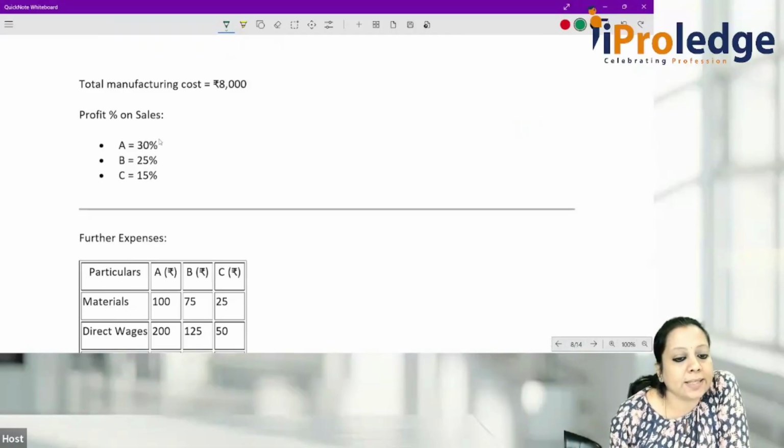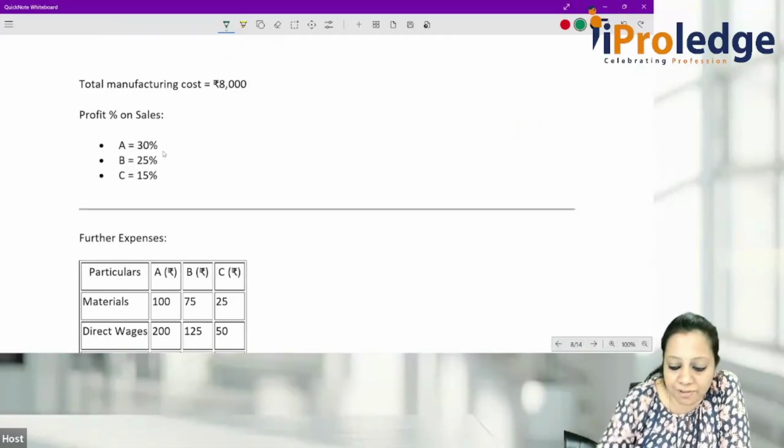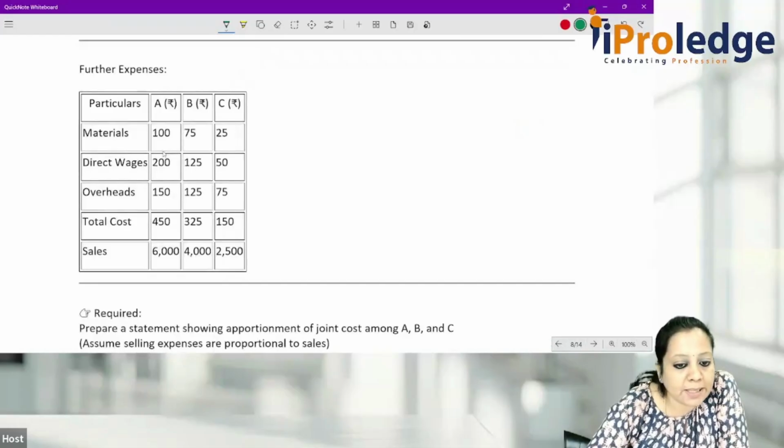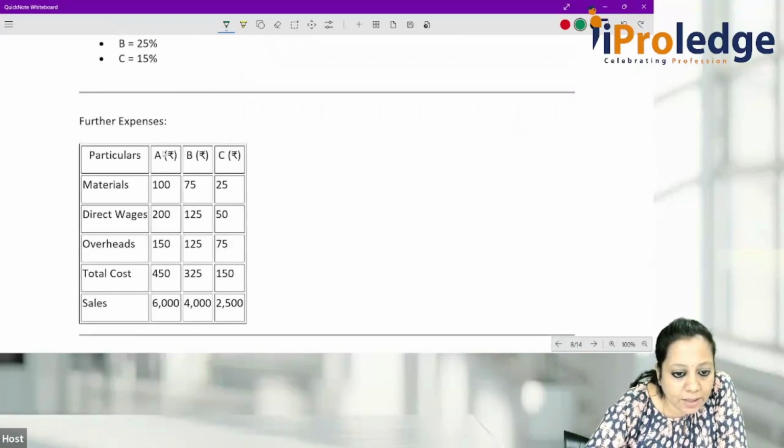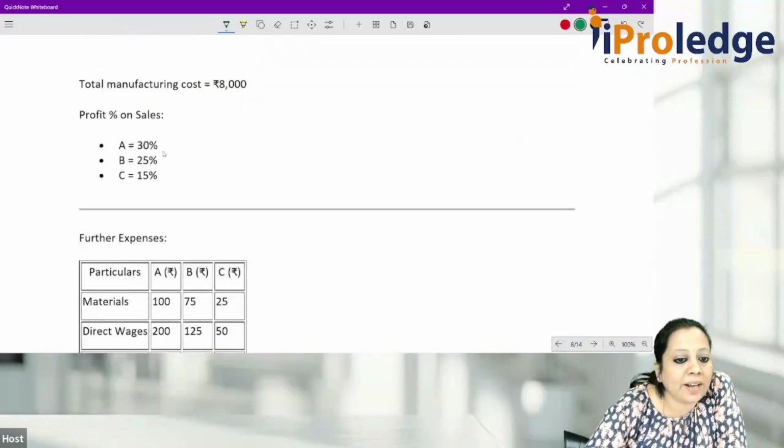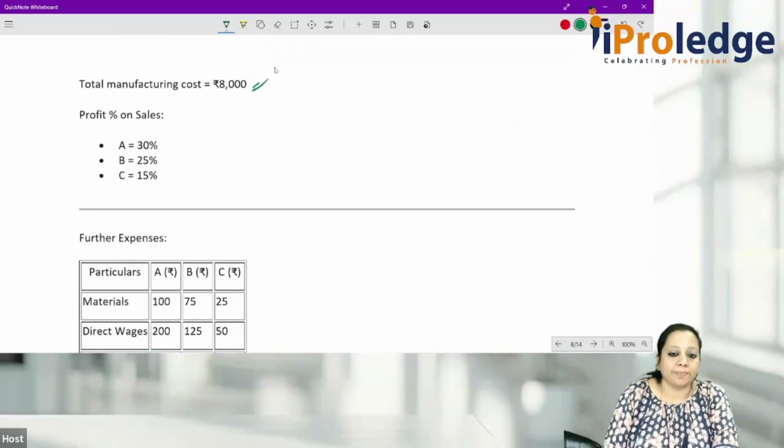Profit percentage on sales is given to be 30, 25 and 50, and then further expenses are given. Total cost and total manufacturing cost are given on top.